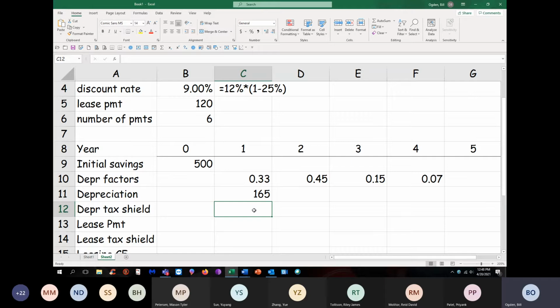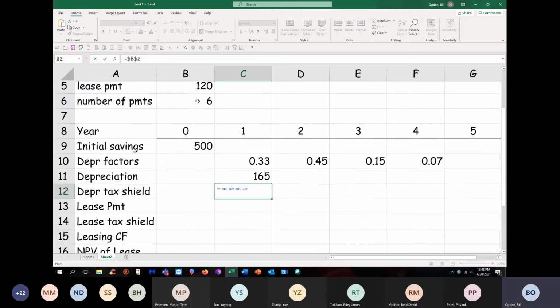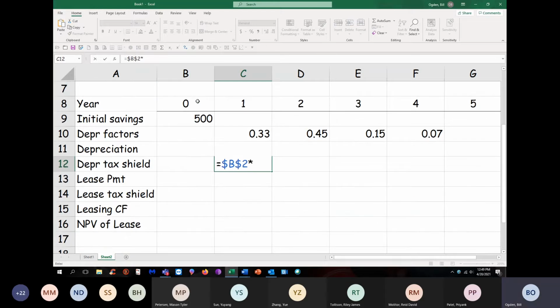That was the depreciation tax shield. So it equals the tax rate, locked, times the amount of depreciation. Let's make this sign correct. This is an opportunity cost associated with leasing the asset, so we put a minus sign in front of that.